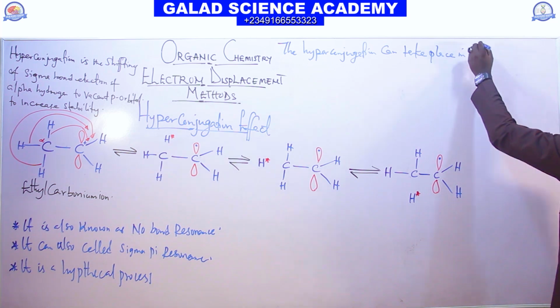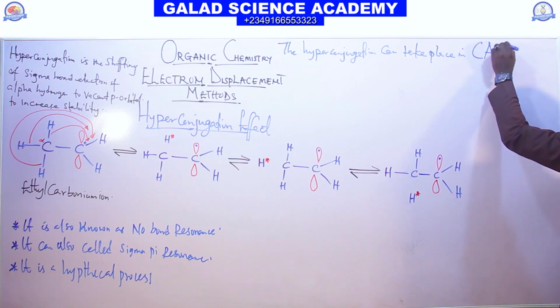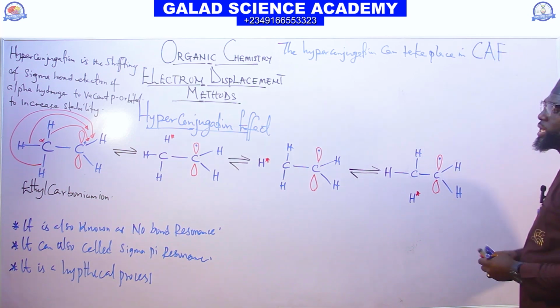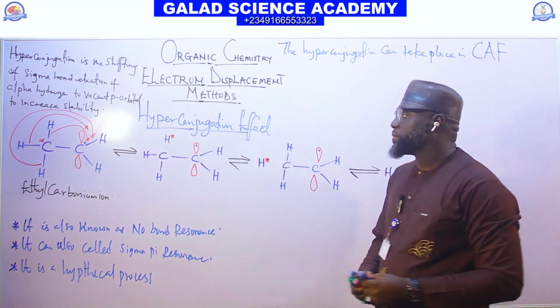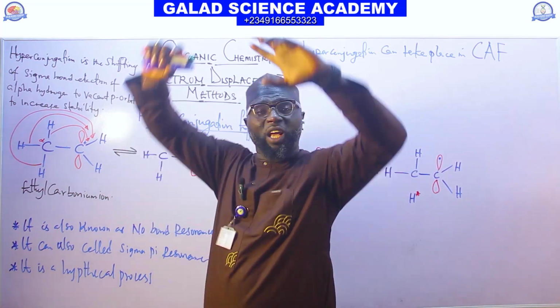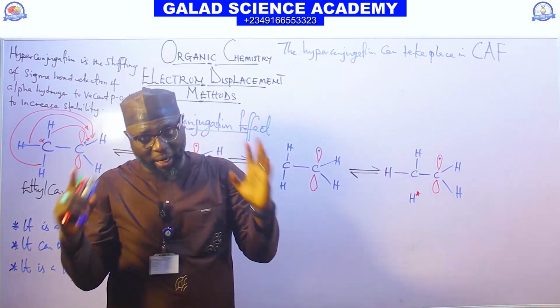And the compound, I call it CAF. The hyperconjugation can always occur in three kinds of compound.